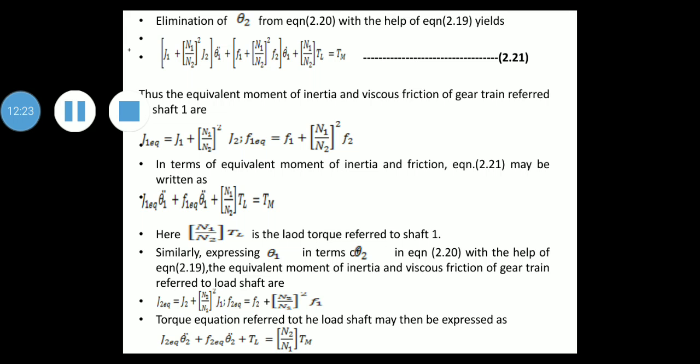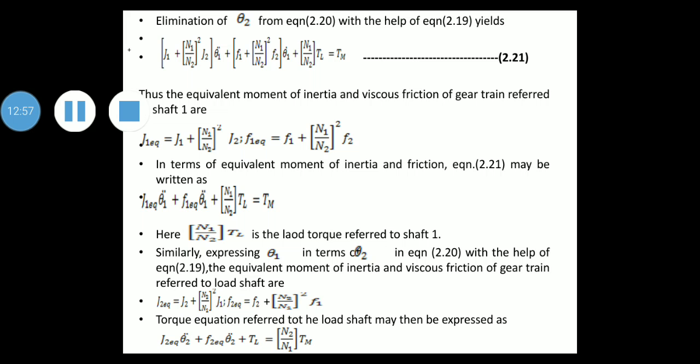Similarly, expressing theta 1 in terms of theta 2 in equation 2.20 with the help of equation 2.19, the equivalent moment of inertia and viscous friction of the gear train referred to the load shaft are J2 equivalent is equal to J2 plus N2 by N1 whole square J1, and F2 equivalent is equal to F2 plus N2 by N1 whole square F1.